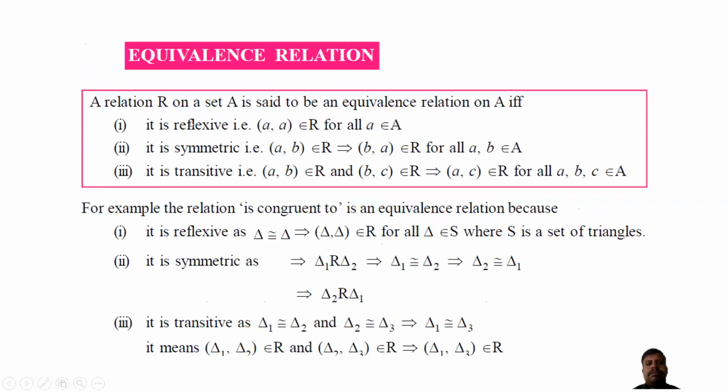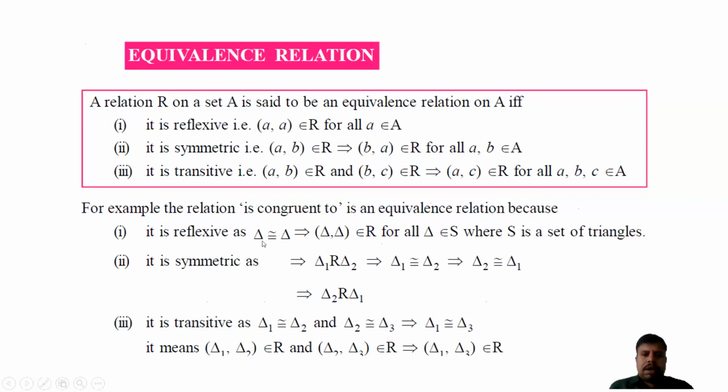Next, equivalence relation. A relation R on a set A is said to be an equivalence relation if and only if it is reflexive, symmetric and transitive. That is, when the relation satisfies these three properties, it is said to be an equivalence relation.